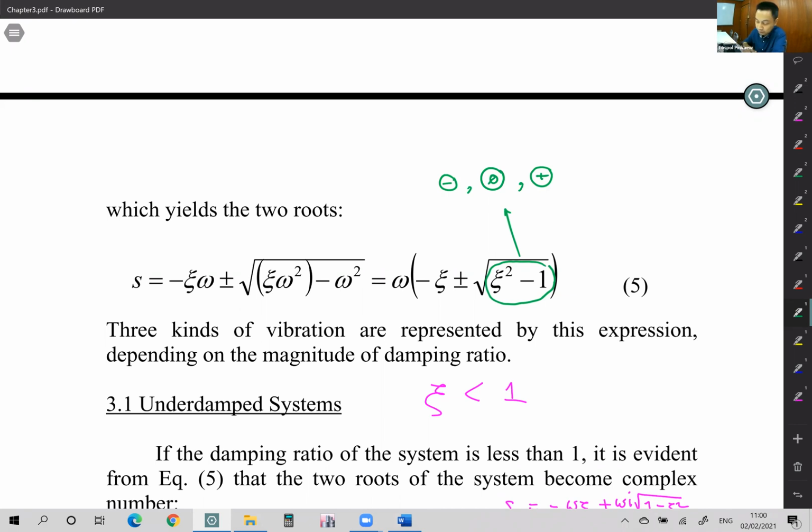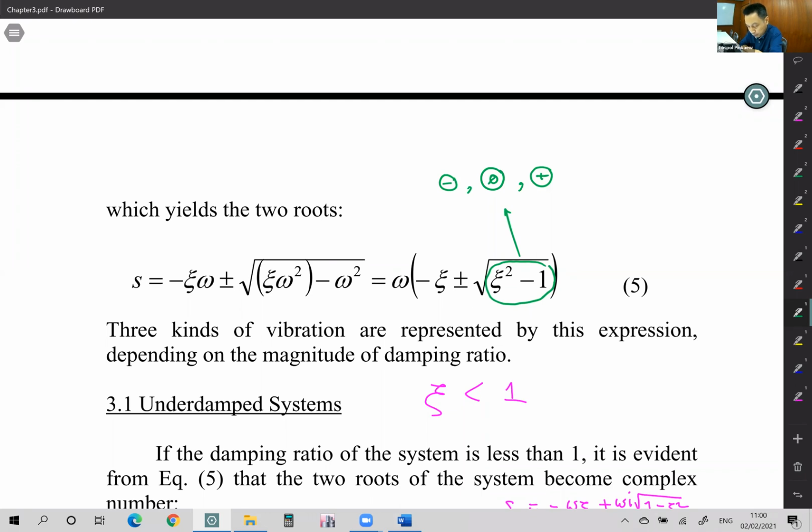For example, if it becomes negative, it vibrates like this. If it becomes 0, maybe it vibrates like that. If it becomes positive, it vibrates with another movement. We will study the three possibilities today.